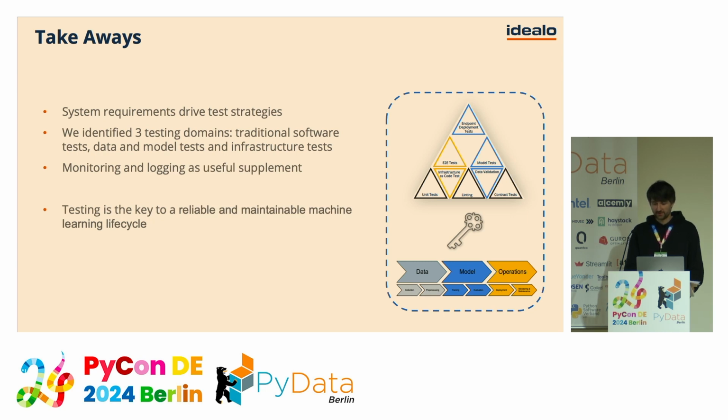If you want to put research outcomes into production, and if you want to make reliable systems out of them, we are looking forward to a more standardized paradigm in testing, because we believe that testing is a key for reliable, secure, and maintainable software products.